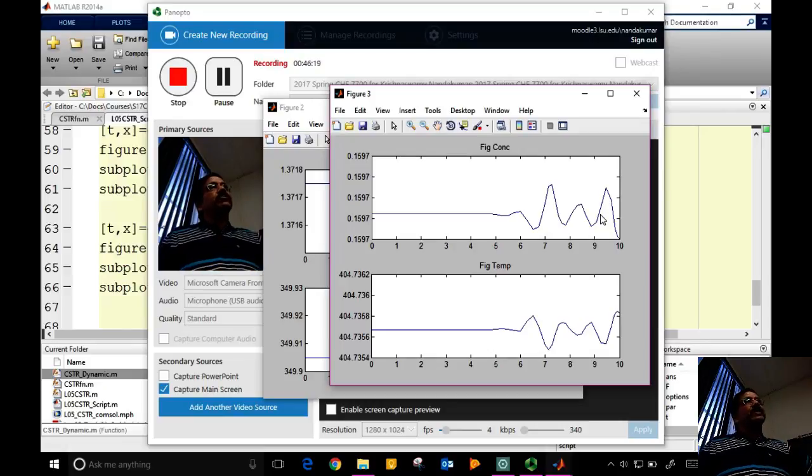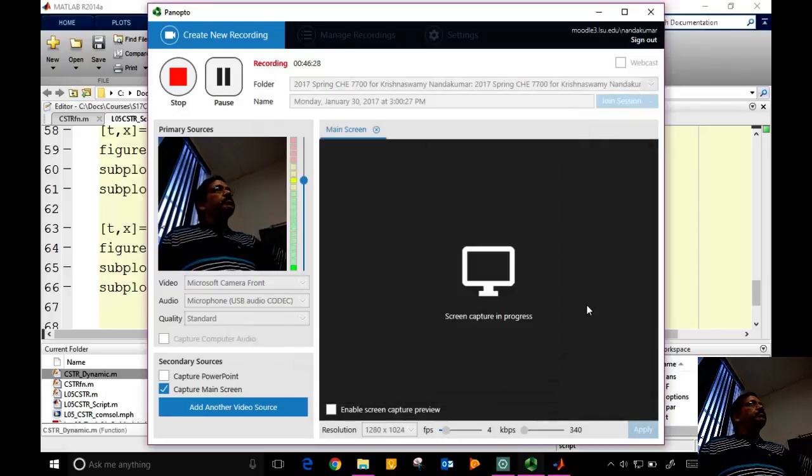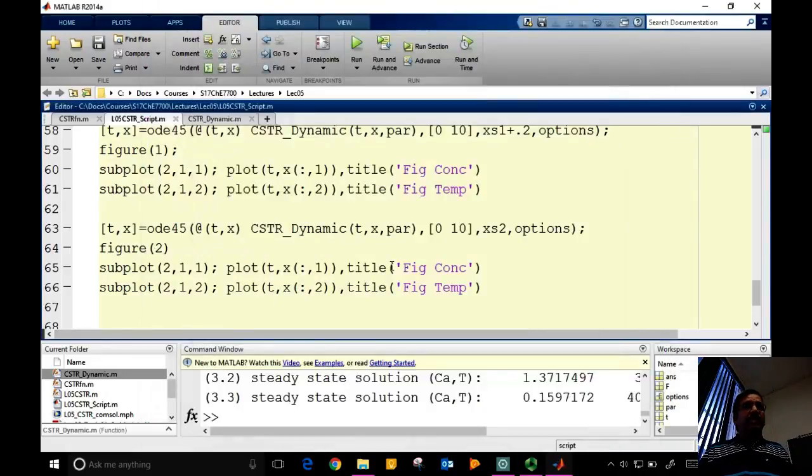If you ask for 10 to the minus 10, it will remain as a stable steady state solution. Okay? So this is the simulation for the dynamical problem where we haven't done anything to the input. We just gave the initial condition and saw what happened. So for the first and the third one, it remains stable. For the second one, it moves away.